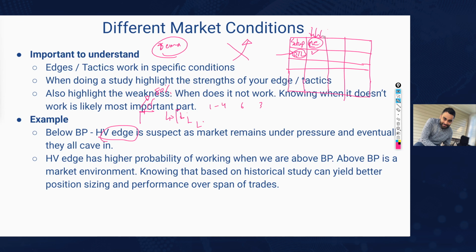I think market conditions are more important, because that's exactly what I was doing. 4 weeks from that HV event day, or 3 months from that HV event day, has it violated that HV close, let's say?